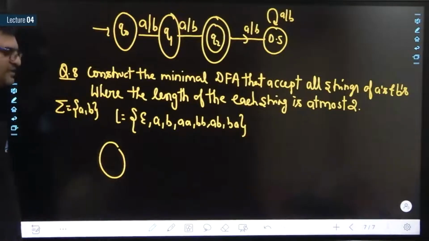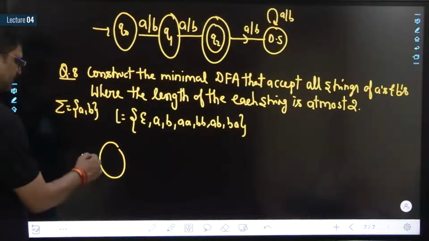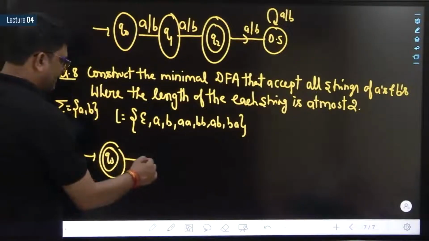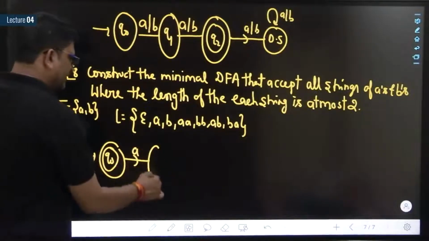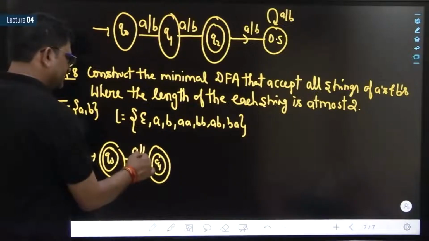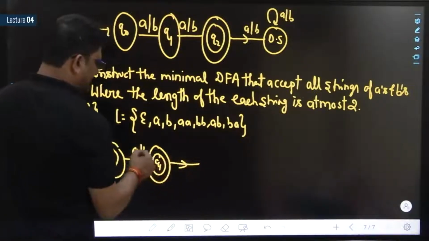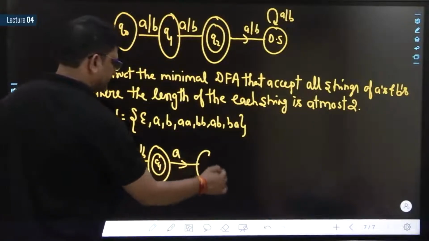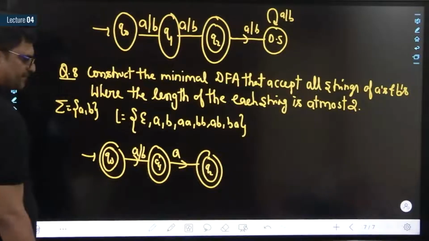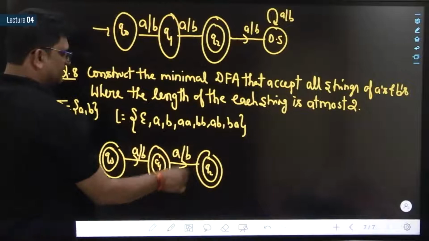If epsilon comes into the language, then make the initial state a final state. This is Q0. This is also final. When we read A, it is also accepted. When we read B, it is also accepted. When we read AA, this is also accepted. When we read AB, BB, this is also accepted.